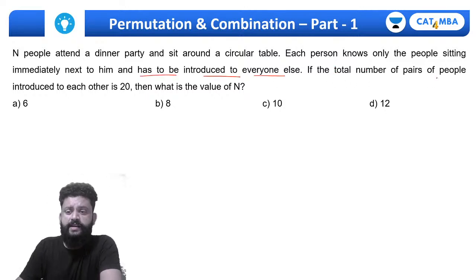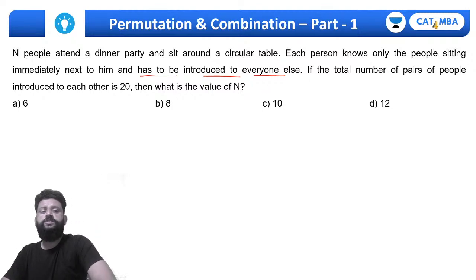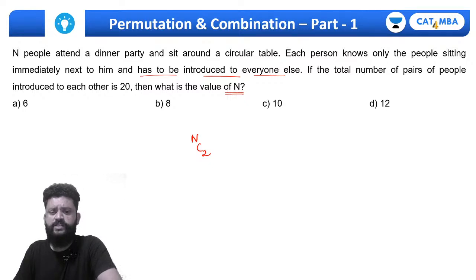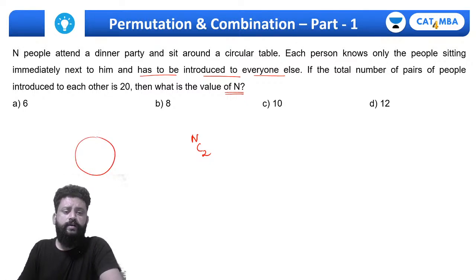The total number of pairs of people introduced to each other is 20. If there are n people and I need to group them in twos, we can form nC2 groups. But as the neighbors know each other, look at the circular table arrangement.